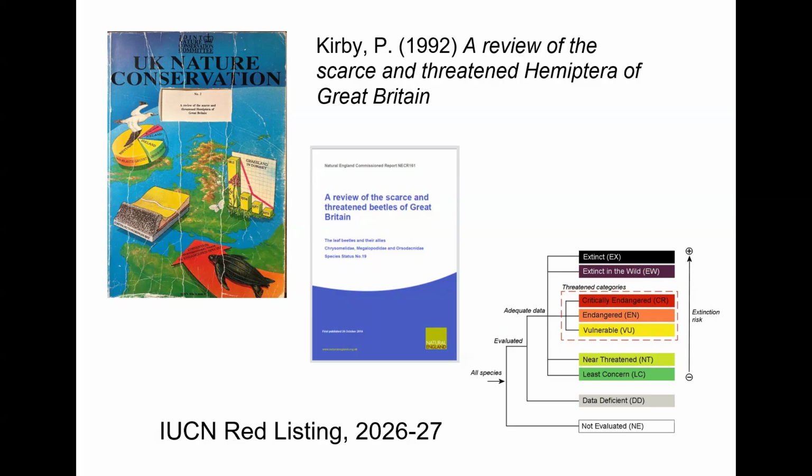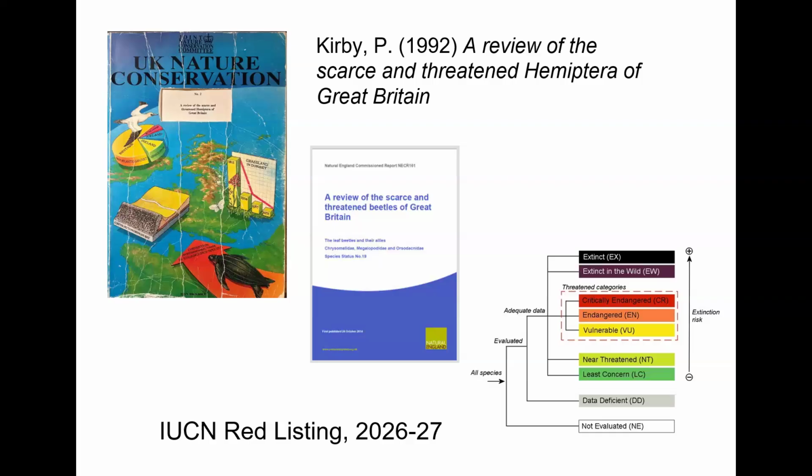The series of reviews of scarce and threatened insects and other groups has now been taken over by Natural England, and you can see one of the more recent ones that refers to particular groups of beetles in the middle there.